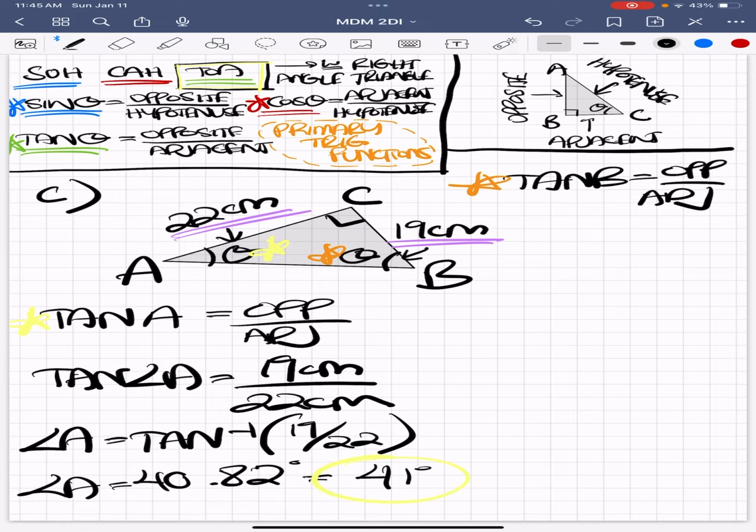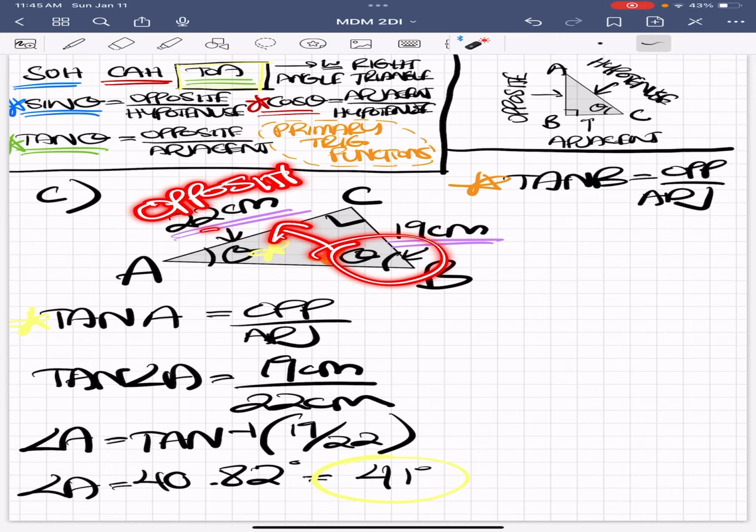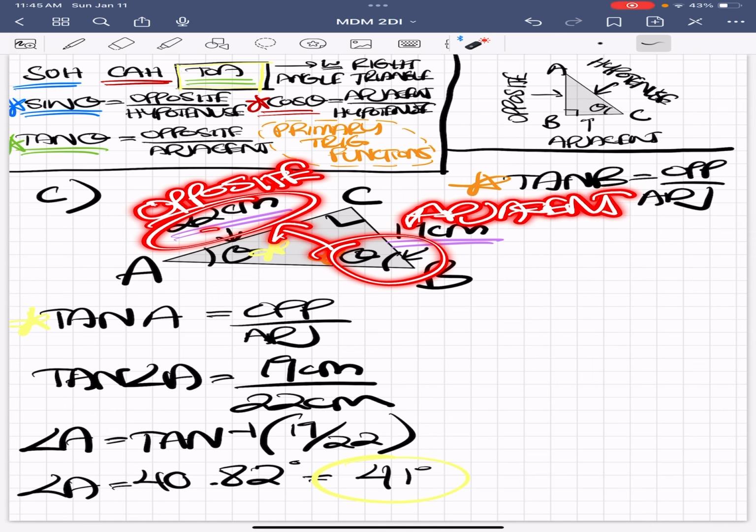Alright, so we have angle B, or theta B, and then with theta B, across being the opposite side would be 22 centimeters, and then the adjacent side touching the angle would be 19 centimeters.